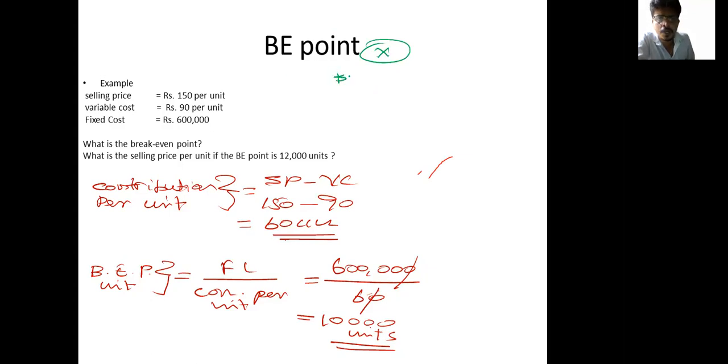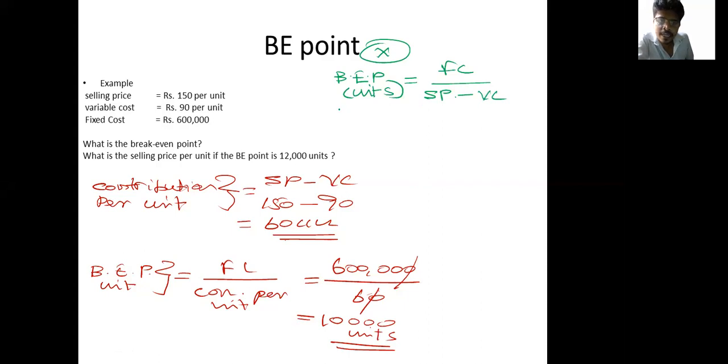Now, break-even point units equals fixed cost divided by contribution per unit, in the sense selling price minus variable cost.